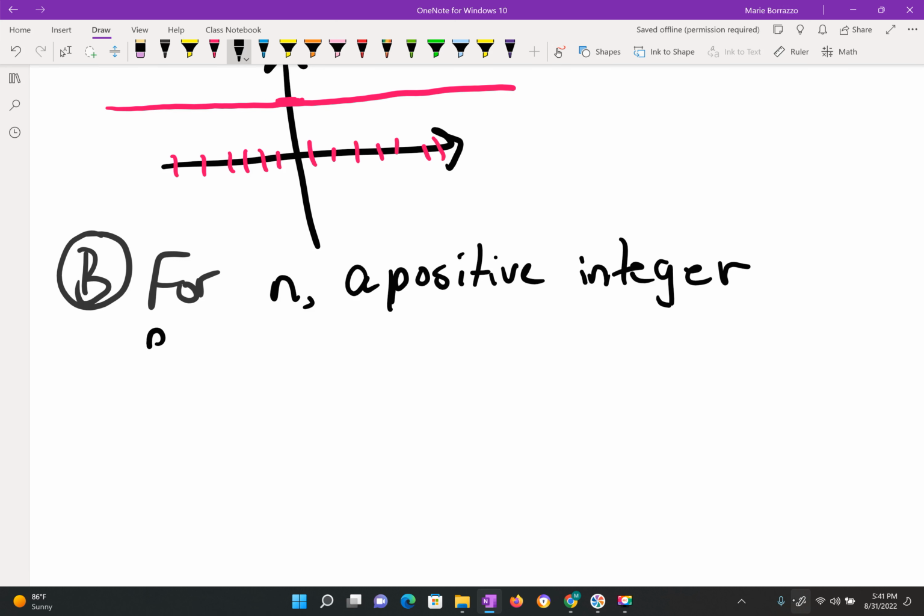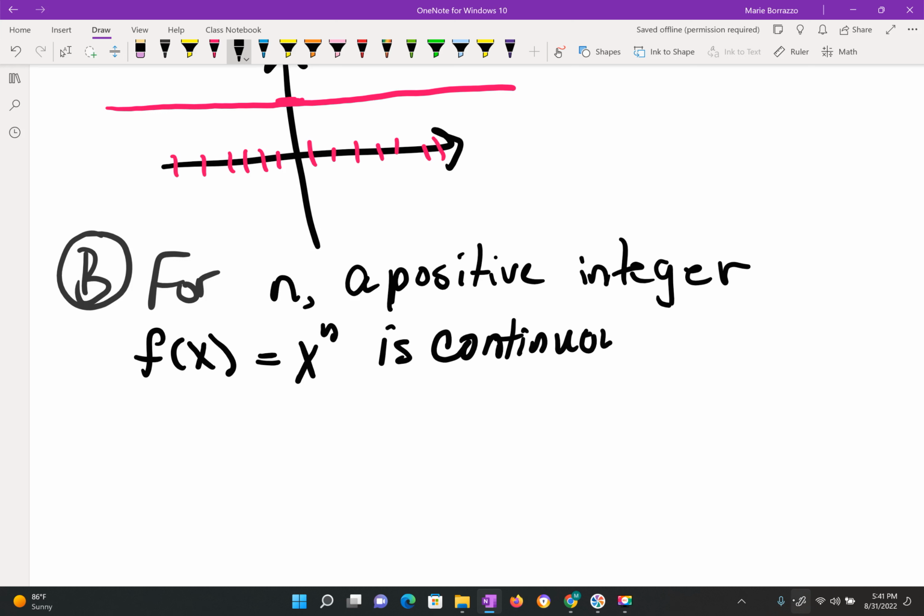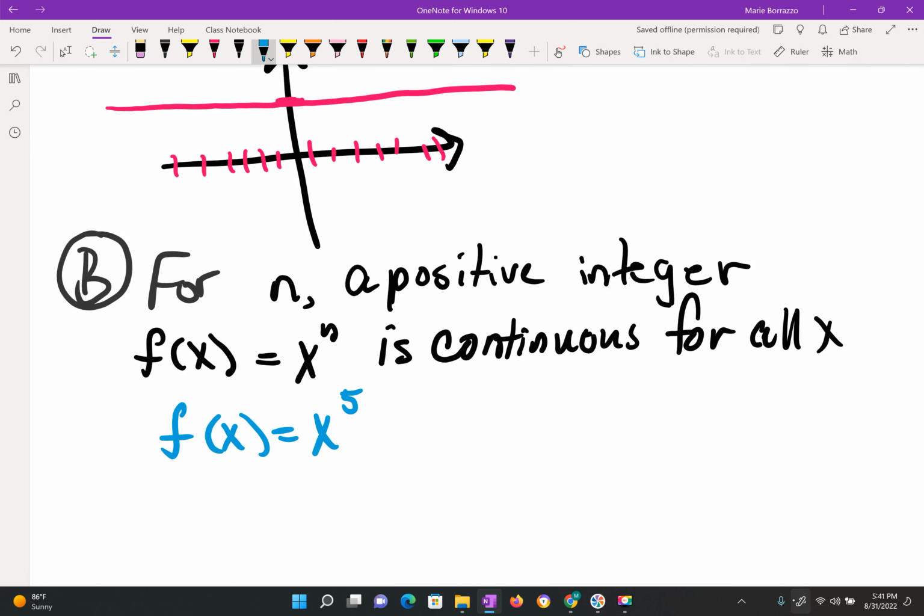So we say in that case that f of x is equal to x to the nth, and it is continuous for all x. An example of this would be f of x is equal to x to the fifth.